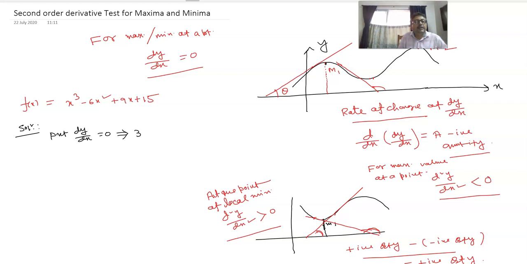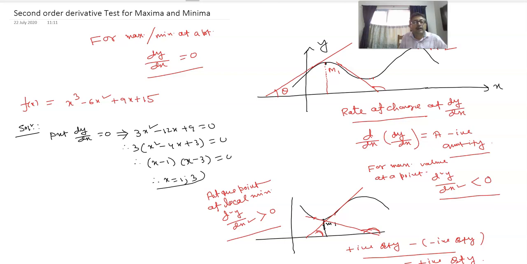This implies 3x square minus 12x plus 9 equals 0, that is 3 times x minus 1 times x minus 3, so x equal to 1 and 3. Now what is f double dash x? This is going to be 6x minus 12.